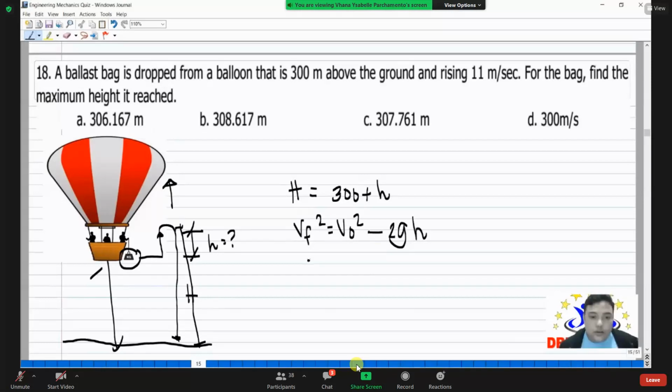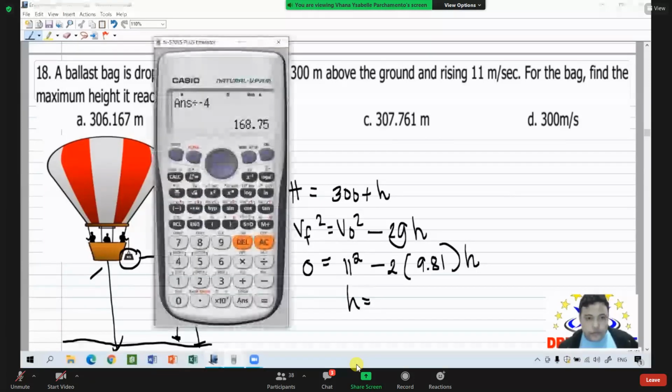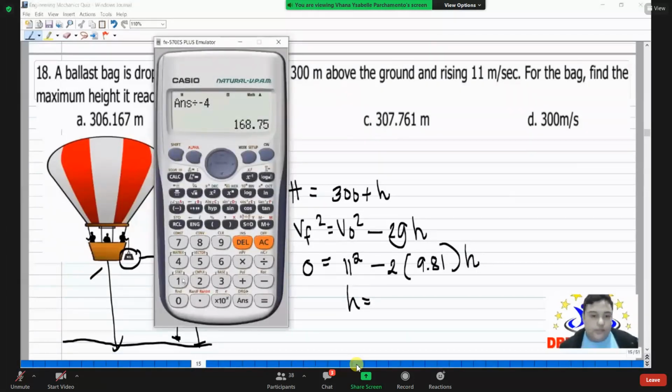So, therefore, that is 0. Yung pinaka-top dito, magsisiro muna yung velocity, that is equal to yung initial velocity, which is 11 minus 2 times 9.81 times yung ating h. What is h equal to? Yan yung itataas niya.